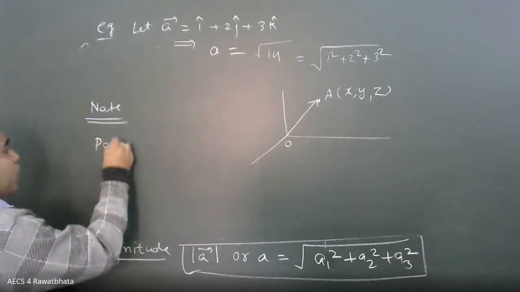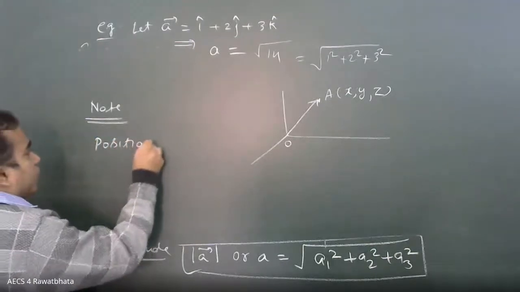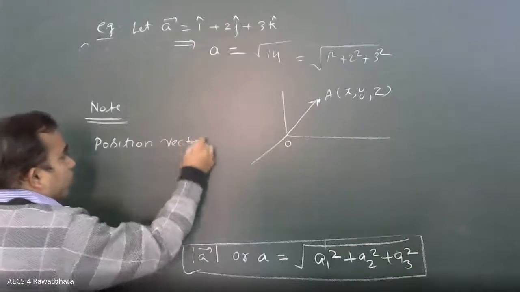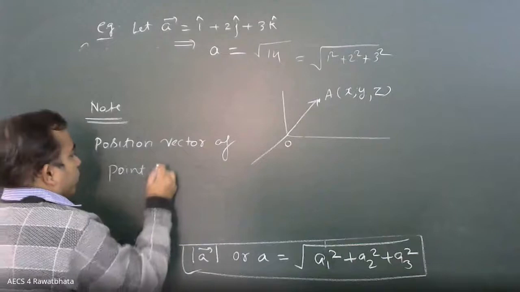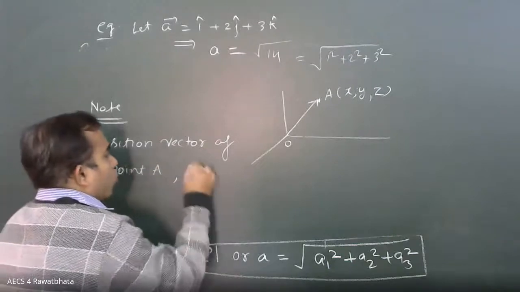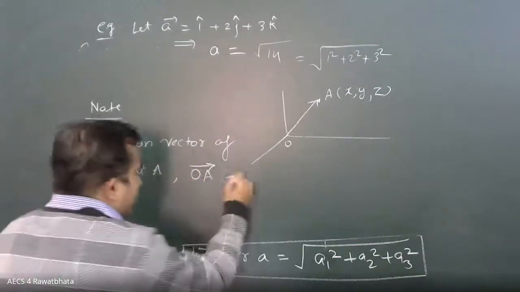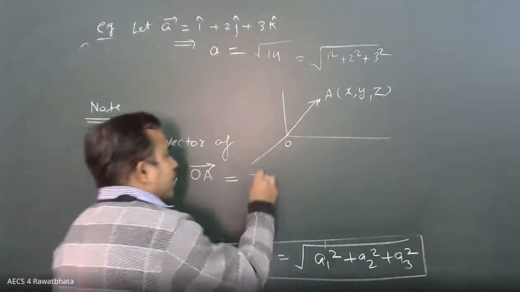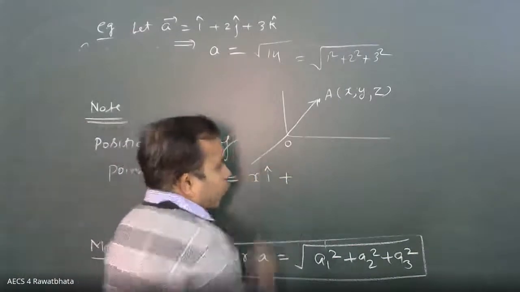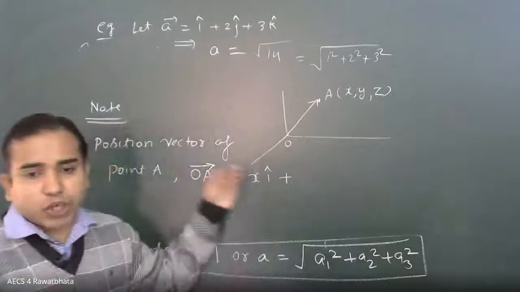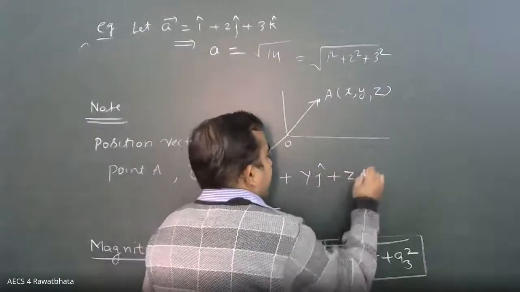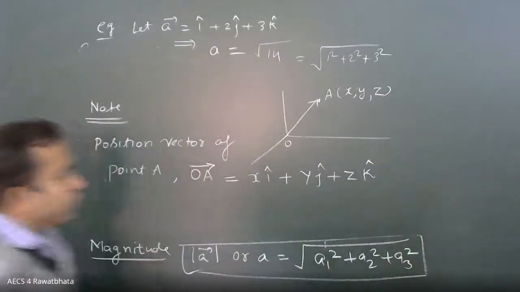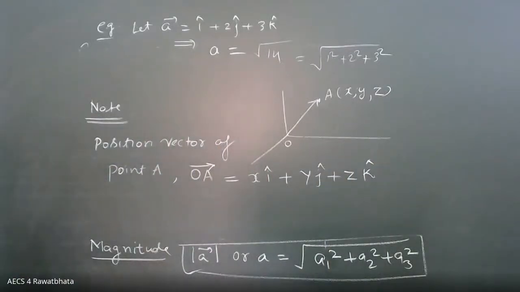It is called the position vector of point A. This is the OA vector, and it is given by x i cap plus y j cap plus z k cap. This is the way.